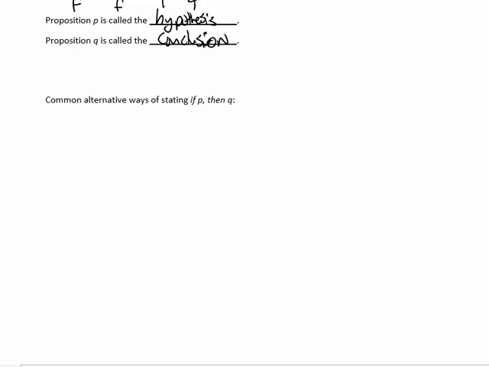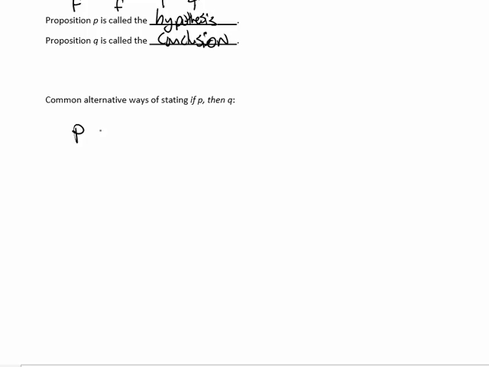Okay, and then there are several ways that we can rewrite this that mean the same as if P then Q. I'm not talking about different forms of the statement, we'll get into that, but there's just different verbiage that we can use.